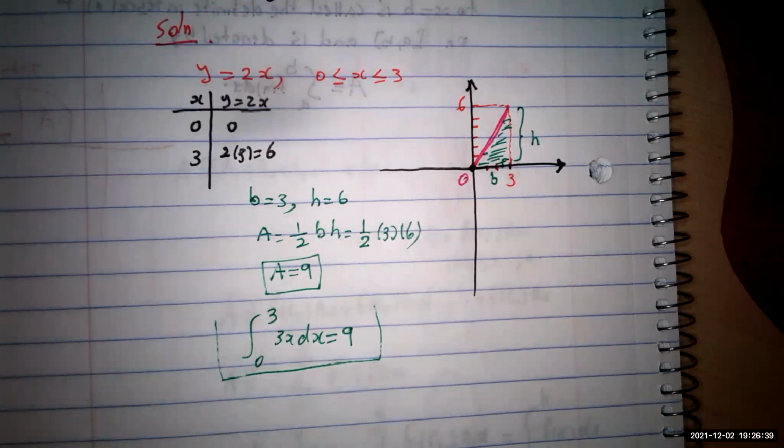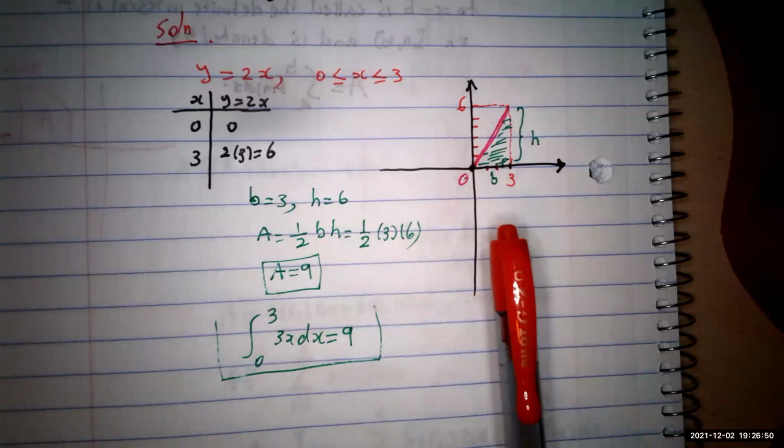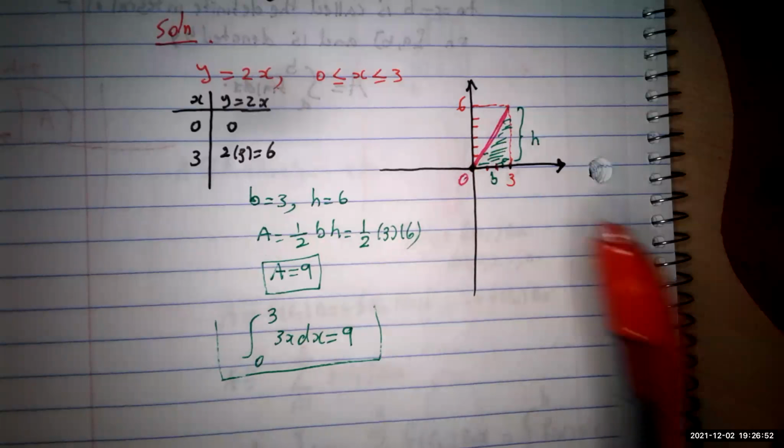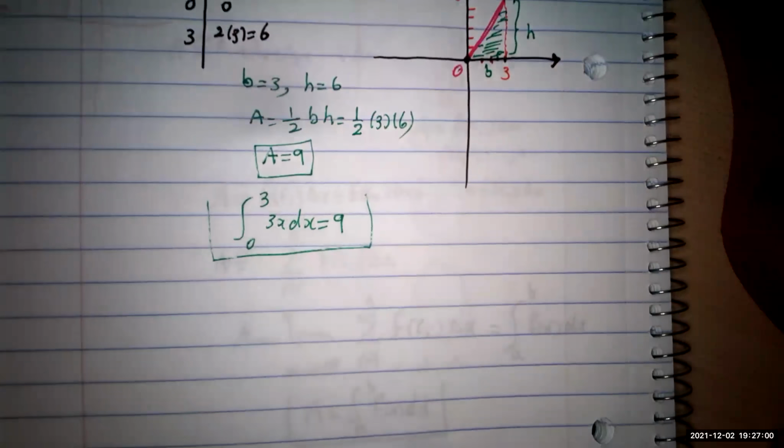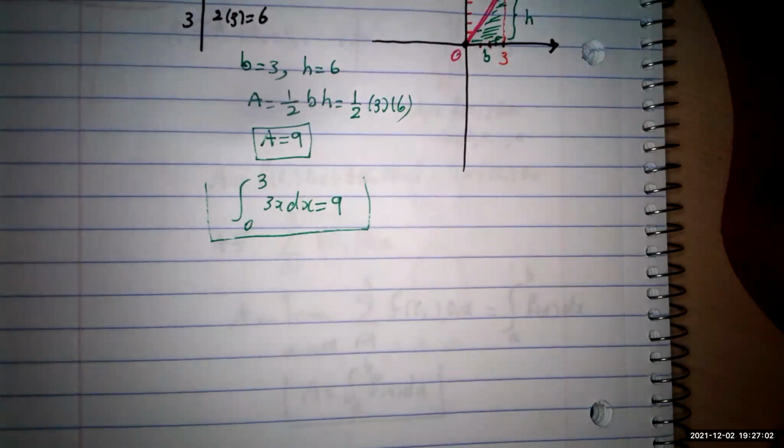So what is going to be the method that we're going to have? Any questions so far? This integral means the area under the curve. Officially, if you want to find it, you have to get the area, which is not easy. But let's see how we can get this 9 from the concept of the integral.